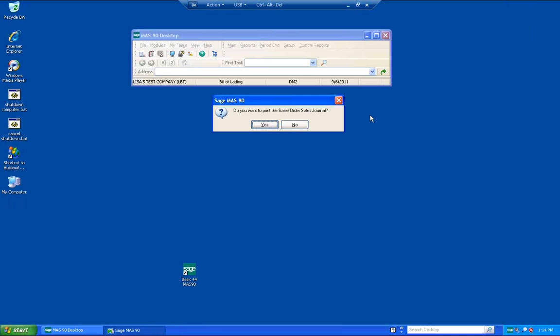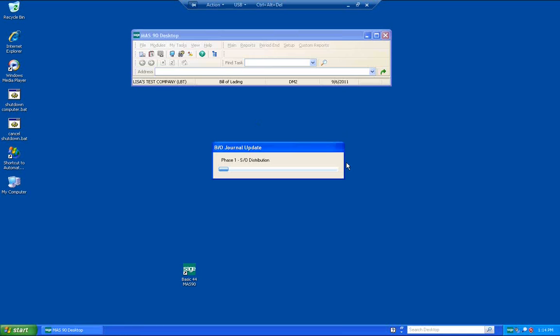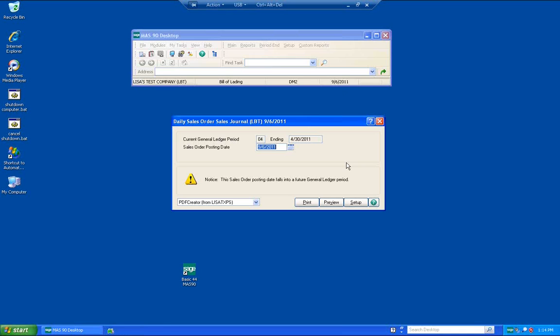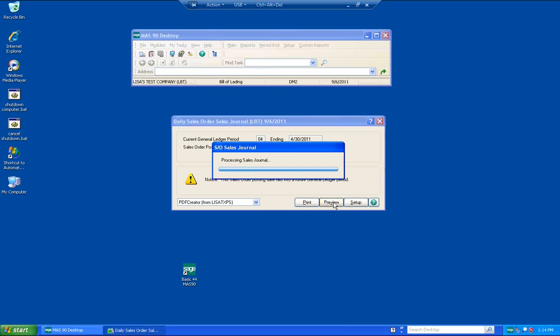Next, because this is a bill of lading batch that created the sales order invoices, it will ask us if we want to print the journals. We'll say yes. We will get the sales journal, just like always.